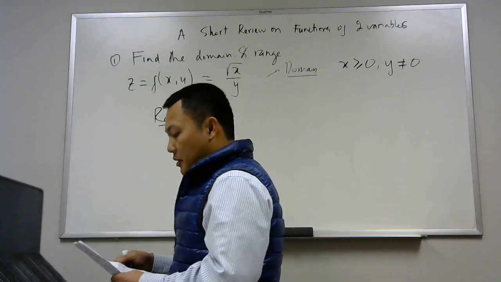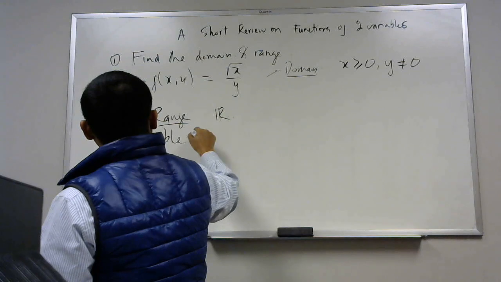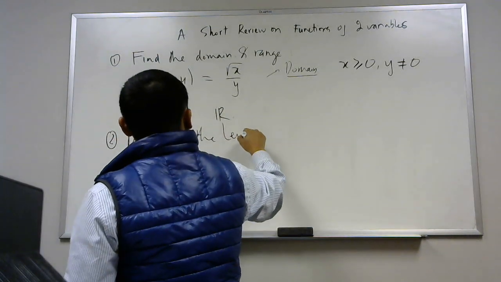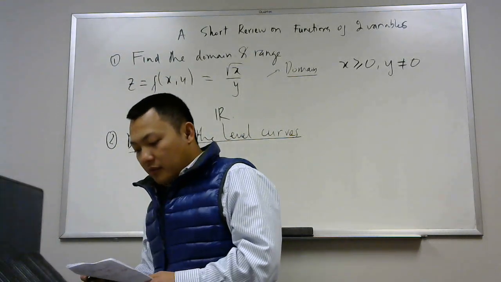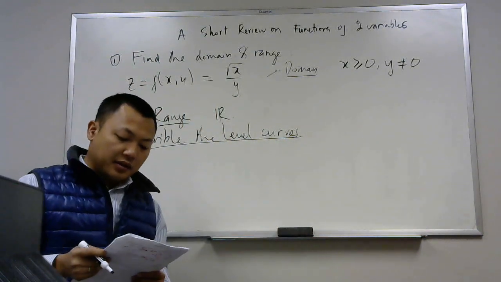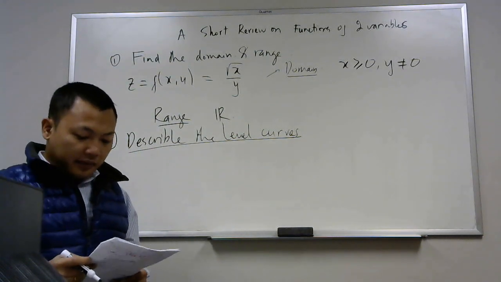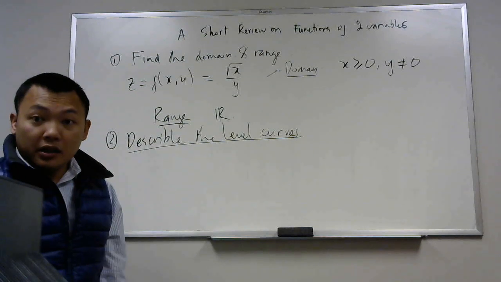Describe the level curves and sketch a contour map of the surface using level curves for the given c values. So what are level curves?